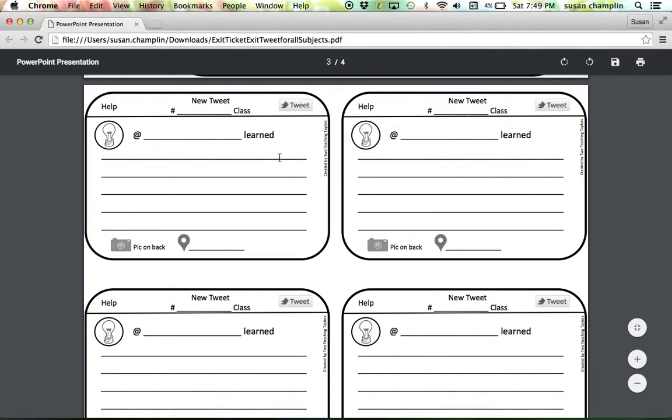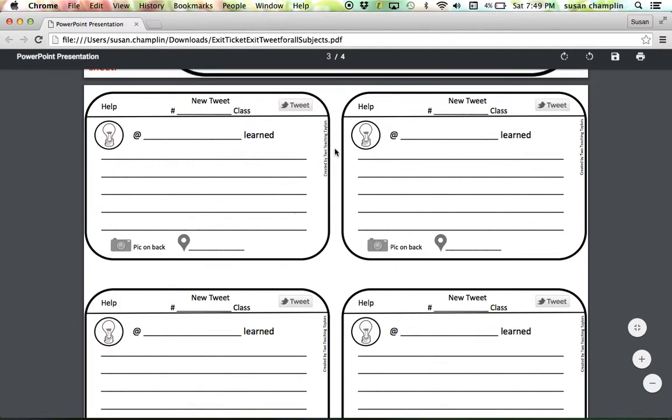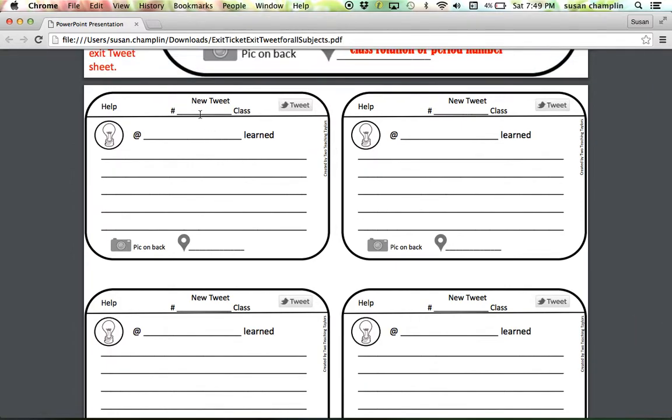So each student would get one of these little pieces of paper, and they write their name on it, and their name goes here. And they just wrote something that they had learned that day in class.